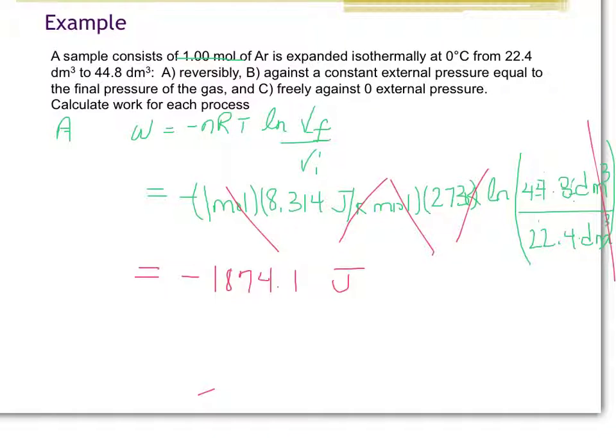Now let's look at part B. It says that we are talking about a constant external pressure, where that pressure that we're referring to is equal to the final pressure of the gas.